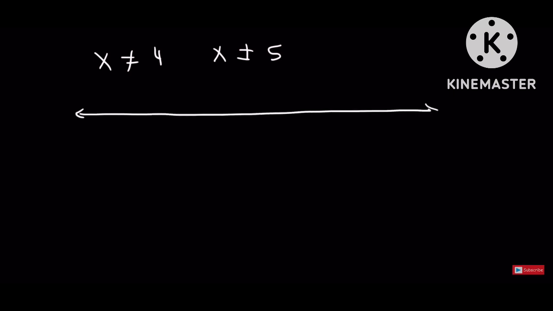Now, how do we represent this in interval notation? What I like to do is plot everything on a number line. So if x can't equal 4, I'm going to put an open circle, and it can't equal 5 either. But it can be anything else.